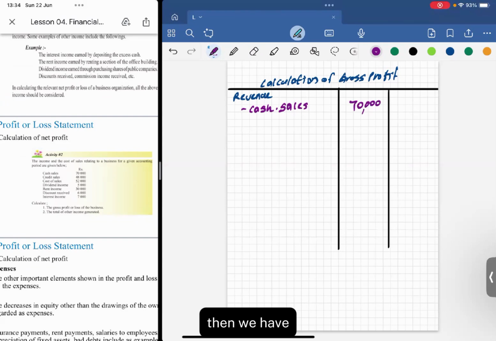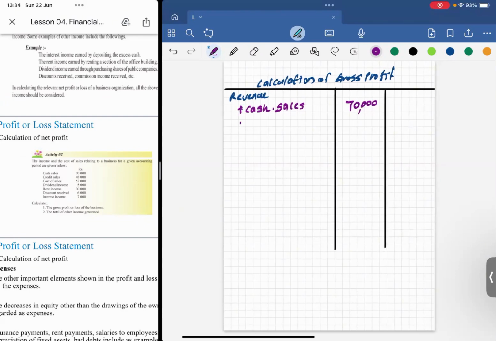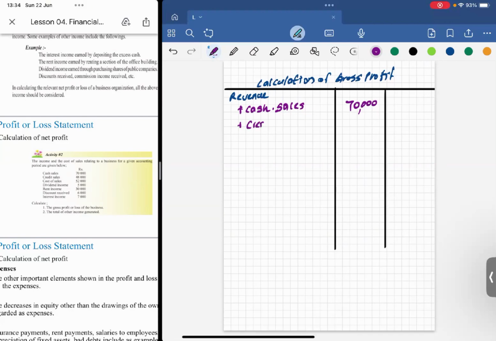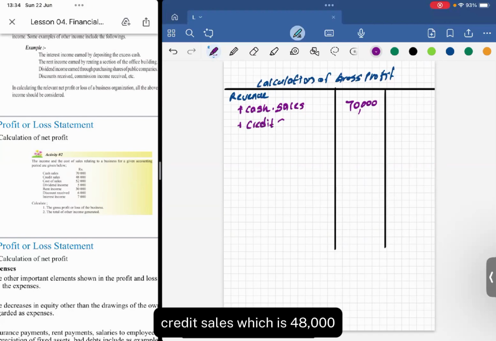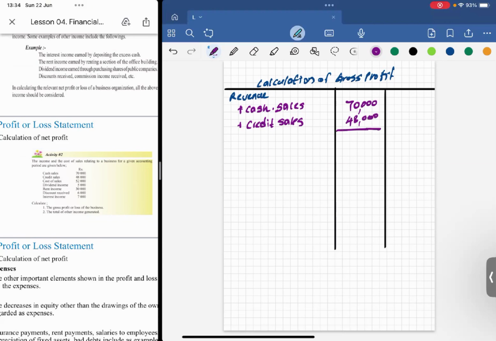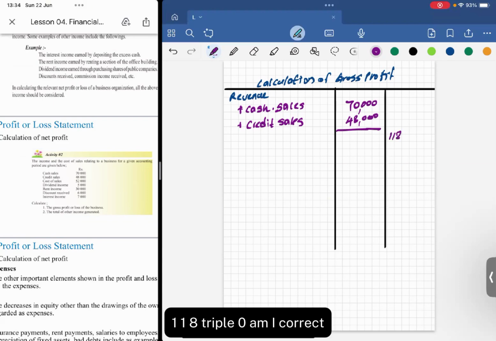Then we have credit sales, which is 48,000. So this will net on to revenue, which is 118,000. Am I correct?